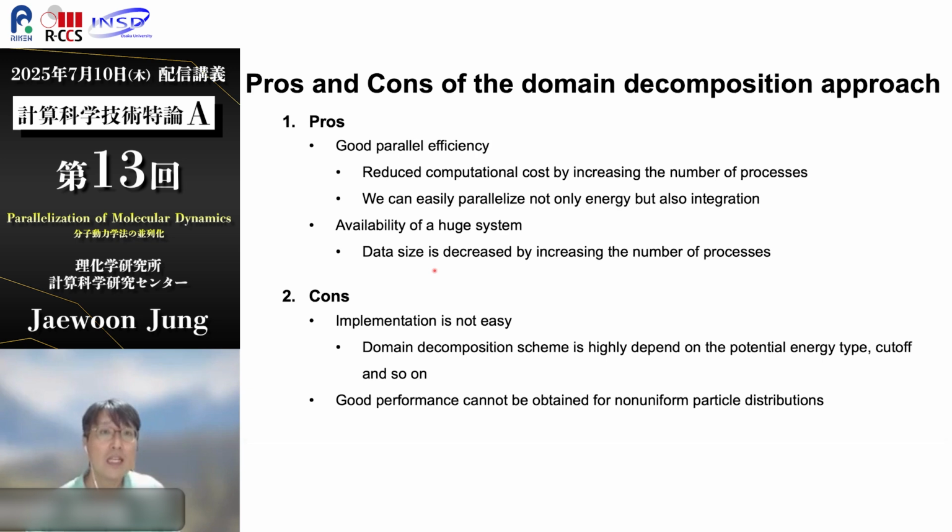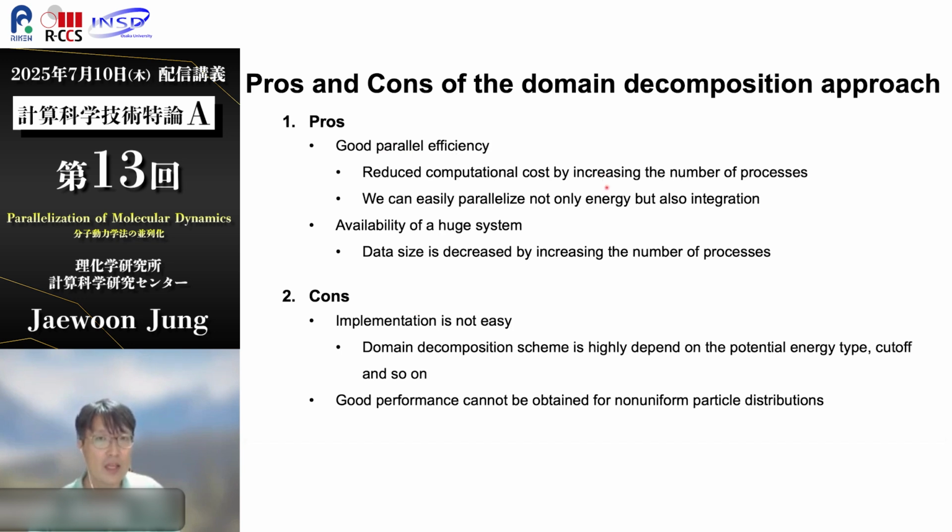And almost all MD software makes use of this kind of domain decomposition scheme. Each software has a different domain decomposition scheme, but almost all have similar kinds of schemes. The good thing is that, although it's not easy to implement, if you can implement it, then the parallel efficiency is much better.